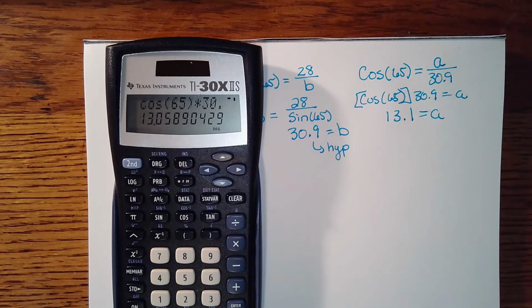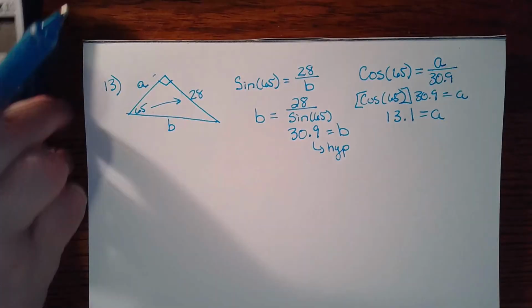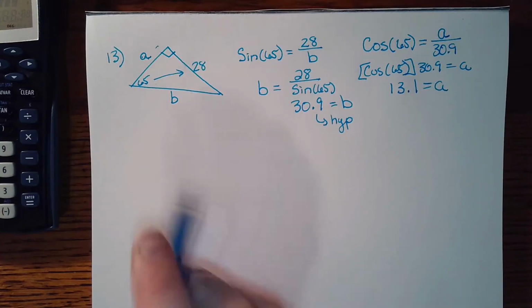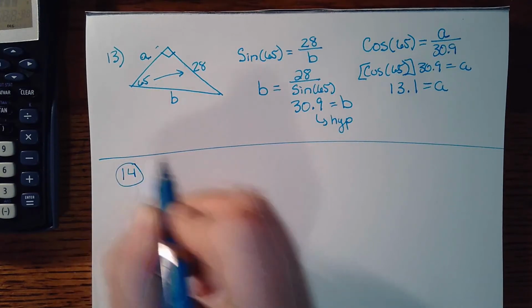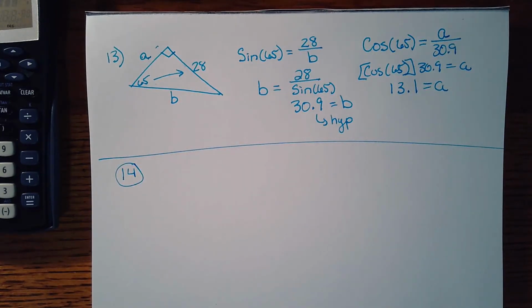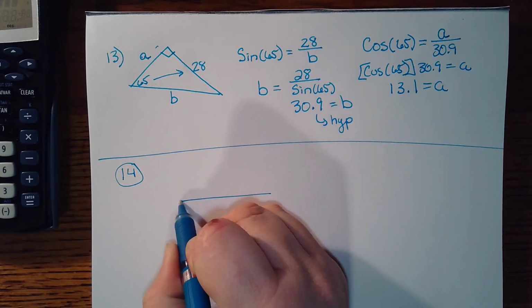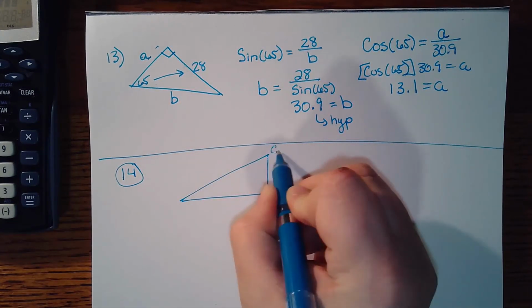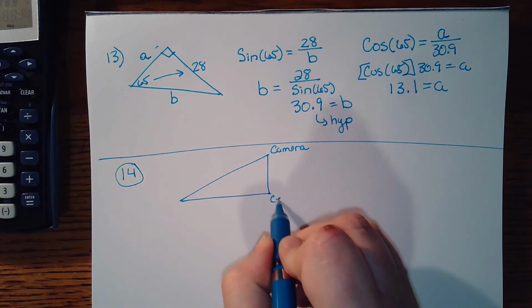Okay, so that is it for 10 through 13. The last part is making you set up the image. So for number 14, basically it talks about a kite, and it says that they are surveying a brush fire damage, and it's an enclosed off area. So this is kind of like the image. So this is the camera. This right here is the center point, center.